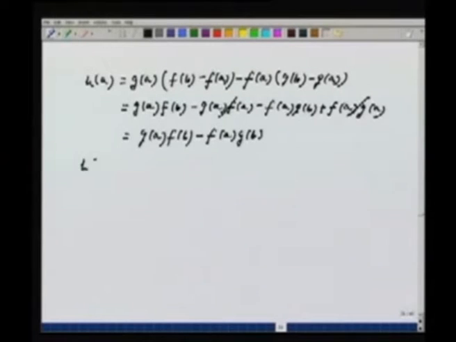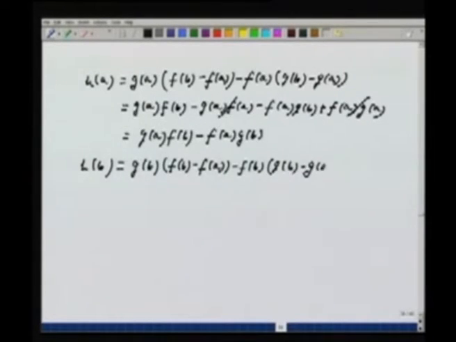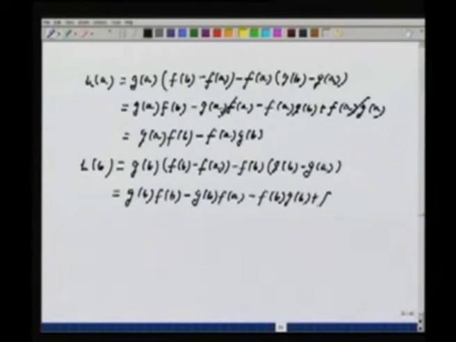Now let's look at what is H of B. That by definition is GB into (FB minus FA) minus FB into (GB minus GA). I again open it up. It is GB FB minus GB FA minus FB GB plus FB GA.